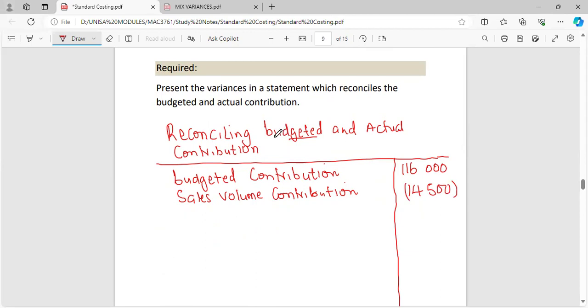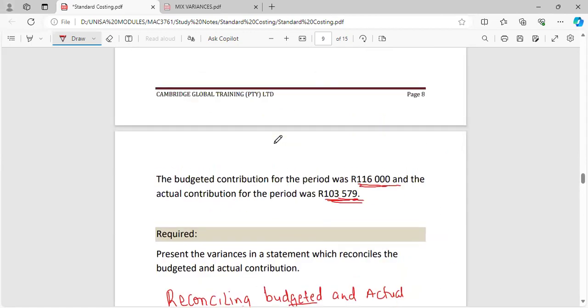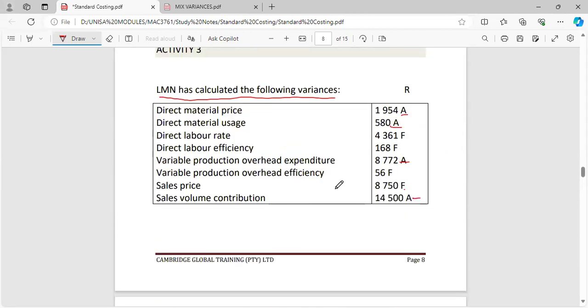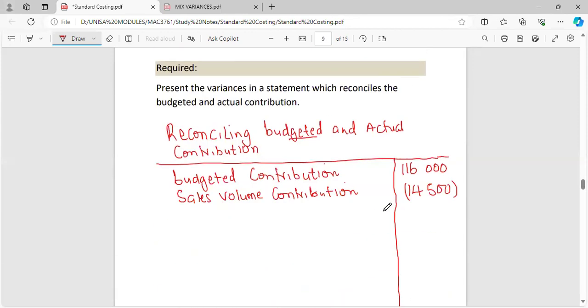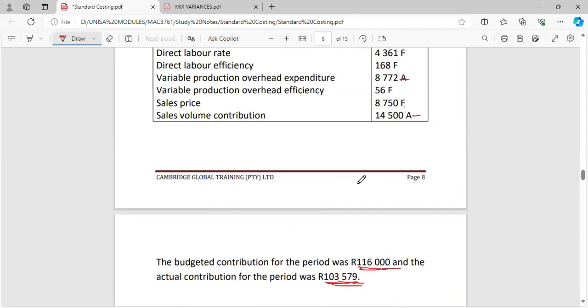Then you look also at another sales variance. There is a sales price variance here, which is 8,750. It's favorable.